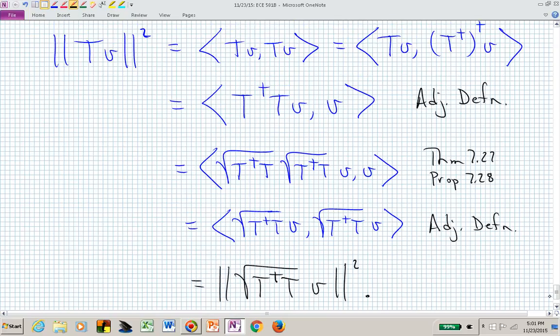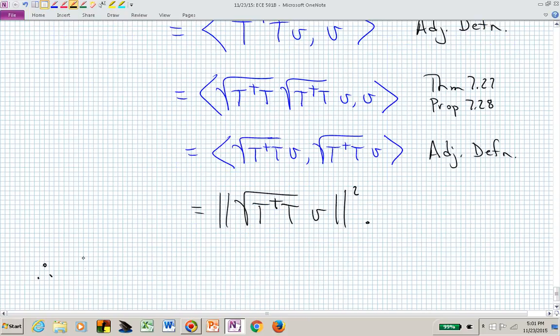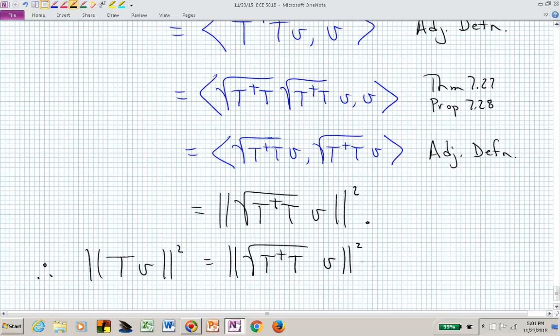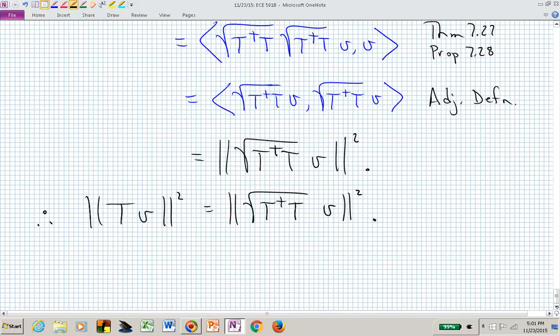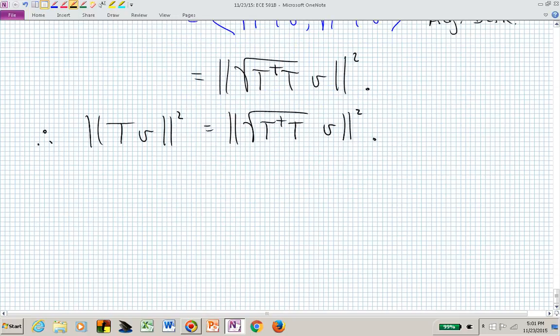And if we compare the first expression, which was the norm squared of TV, with the last expression, the norm squared of the square root of T dagger T V, what's that telling us? Therefore, we have the norm of TV squared is equal to the norm of the square root of T dagger T V squared. What does that tell us about how TV scales relative to the square root of T dagger T?